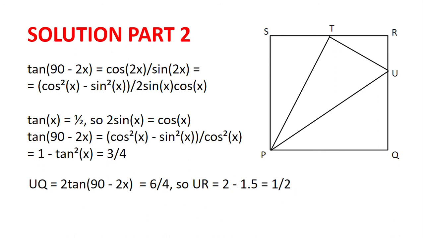And so that can be rewritten as 1 minus tan squared x, which is 3/4, as we know that tan x is a half, so tan squared x is a quarter. And so we find UQ is 2 times tan of 90 minus 2x, which is 6 divided by 4. And so UR is 2 minus 1.5, so a half.